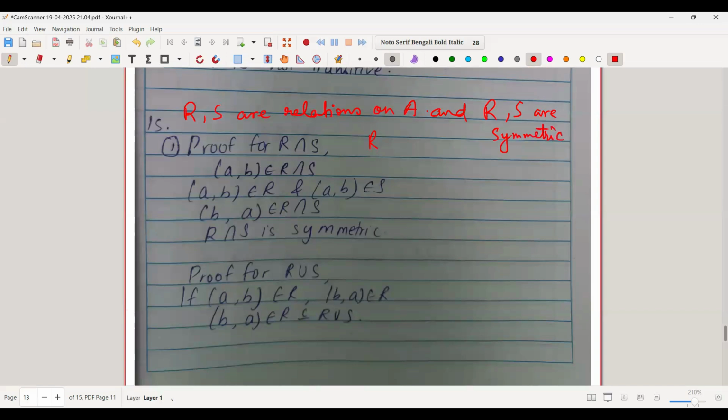So proof: (a, b) belongs to R intersection S. That implies (a, b) belongs to R and (a, b) belongs to S. Okay. So you have to write this: (b, a) belongs to R and (b, a) belongs to S, because R and S are both symmetric. That implies R intersection S is symmetric.